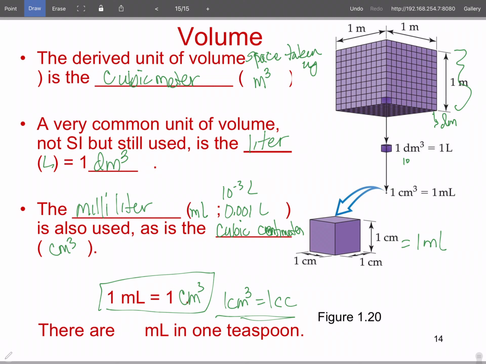Now, you will be asked to play with utensils and stuff in your kitchen. If you cook, you probably already know this, but most teaspoons, tablespoons, etc. are now marked. There are 5 milliliters in 1 teaspoon.